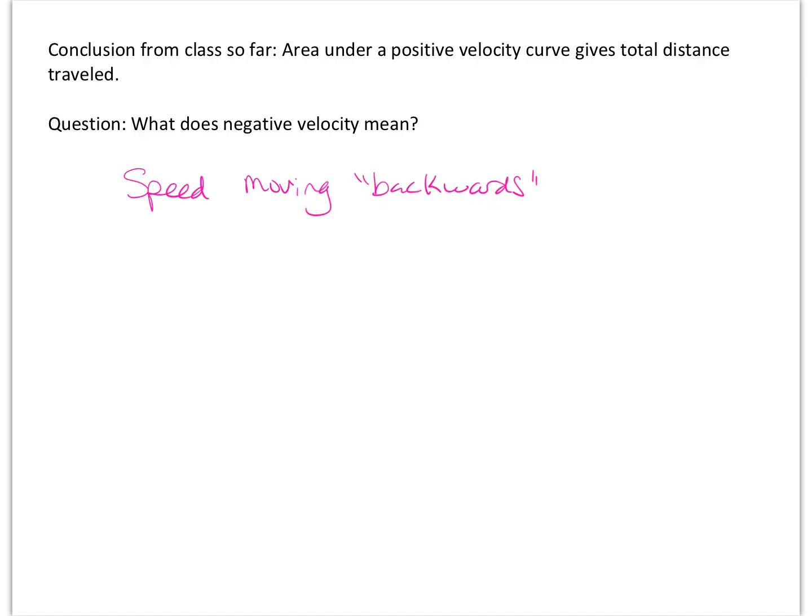So that usually is left or down. We usually define moving to the right as the positive direction and moving up as the positive direction. So moving backwards would be moving left or moving down, and you would have negative velocity.